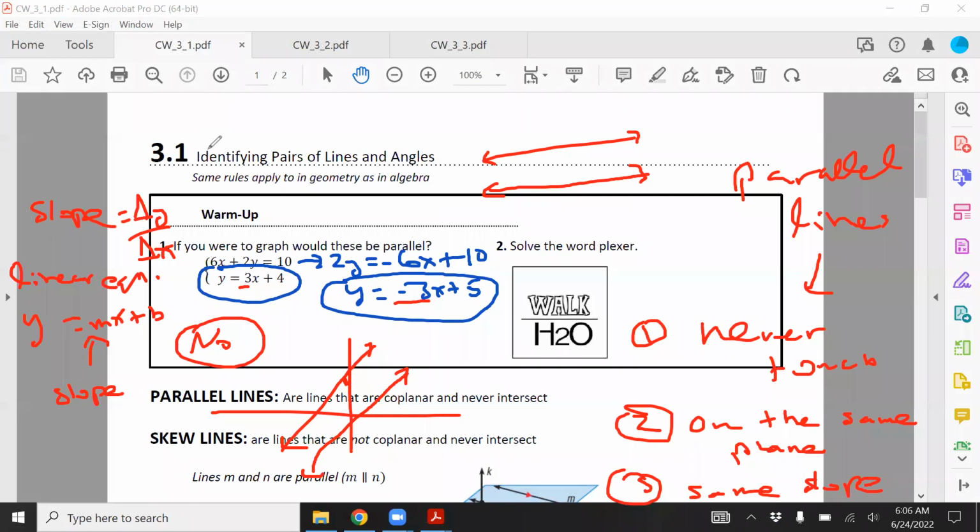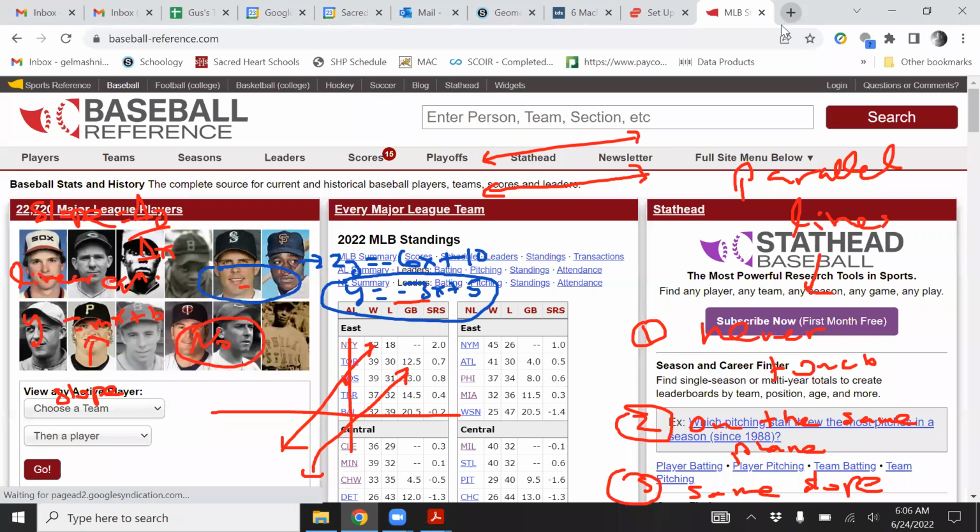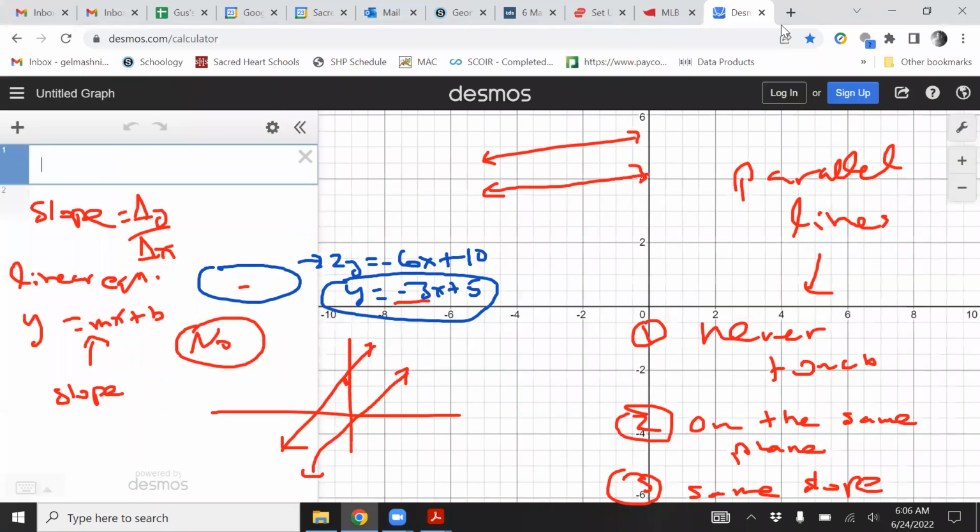In fact, let's go to Desmos. Desmos is actually going to be one of your best friends when dealing with graphs. So if I do 6x plus 2y, and that's the beauty about Desmos, that you can type in the equations the way you see them.